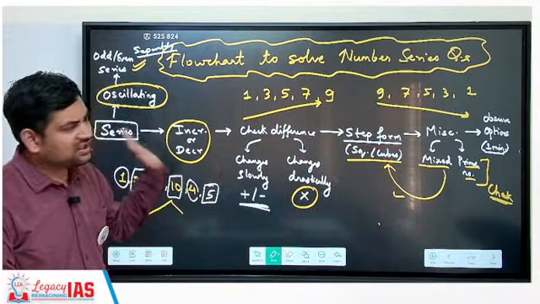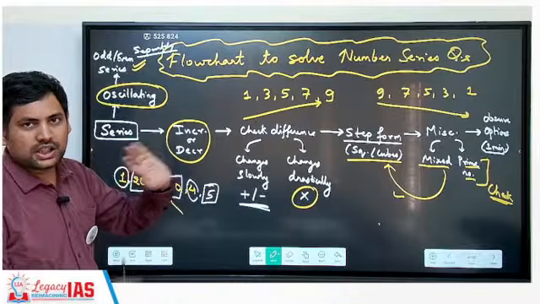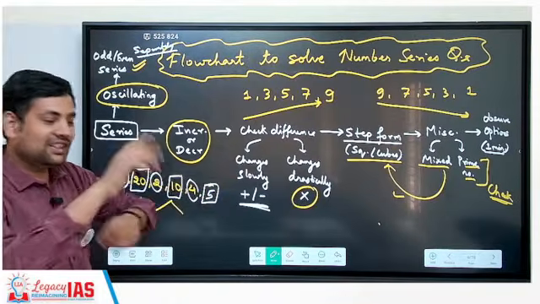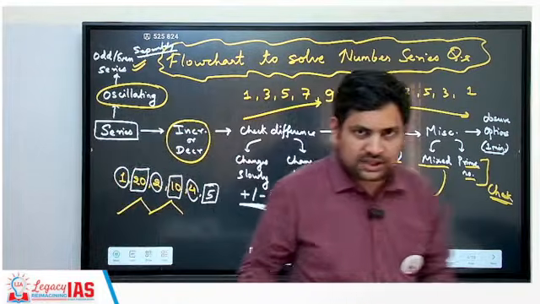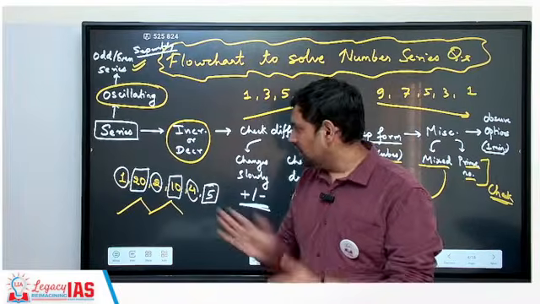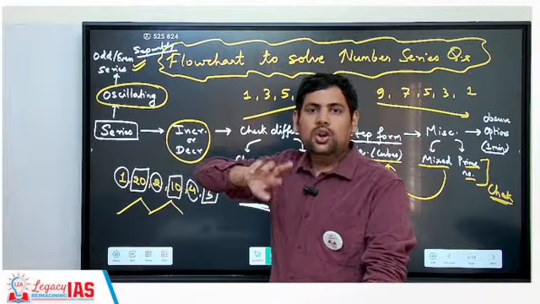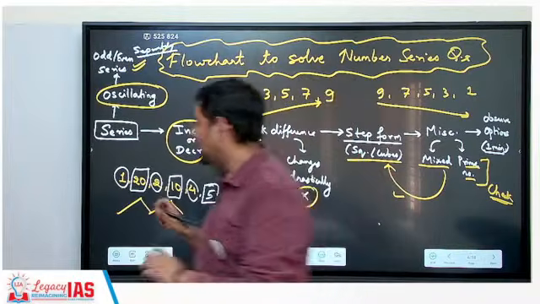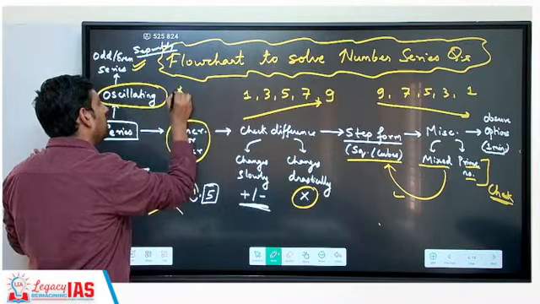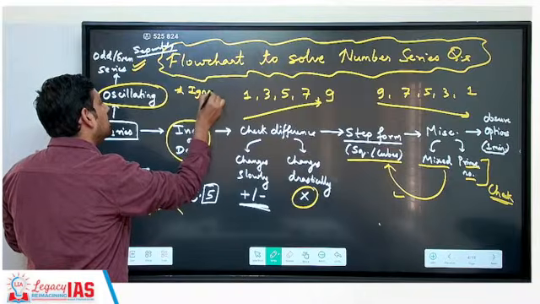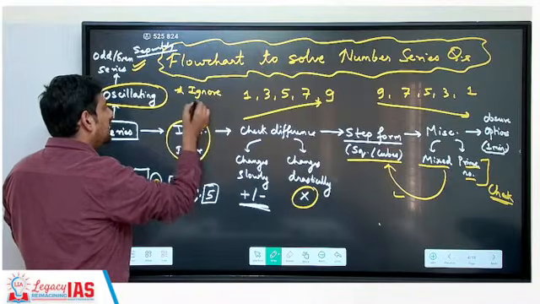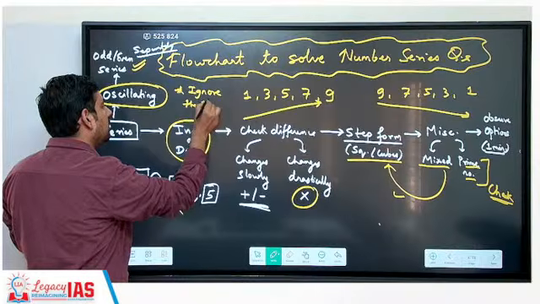I'll show you just how well this flowchart works. So what are the steps? First, you see the series, and first try to see if it is increasing, decreasing or oscillating. Here one caveat is that when you are looking for increasing, decreasing or oscillating, ignore the first term.